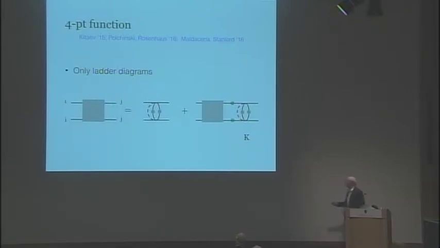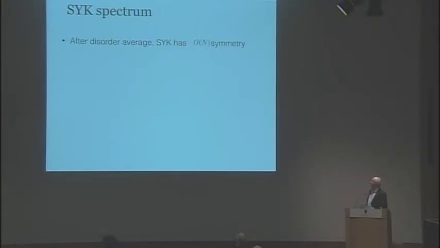For example, the 4-point function of the fermions becomes just a sum of ladders for large N, and has a spectrum of local operators, the singlet operators that correspond to physical observables one would believe in the bulk.